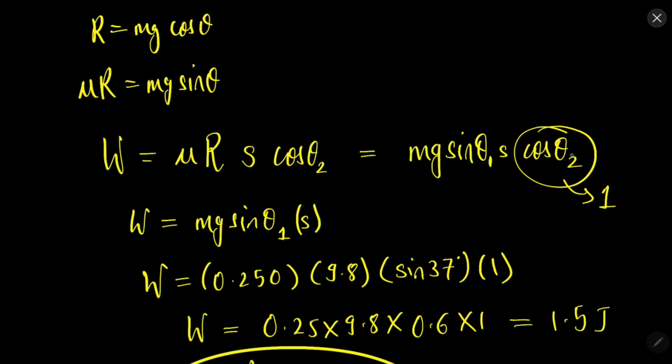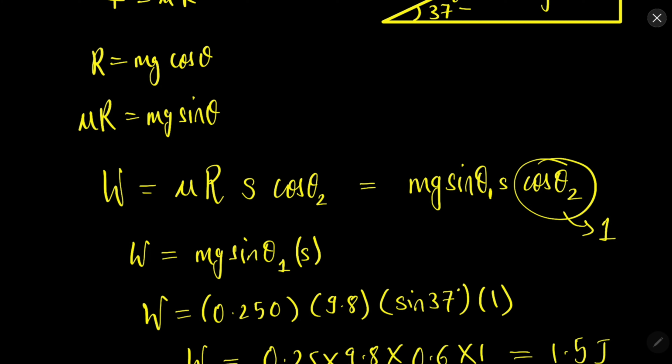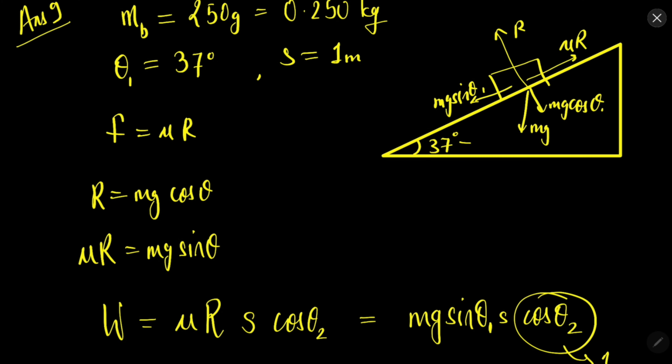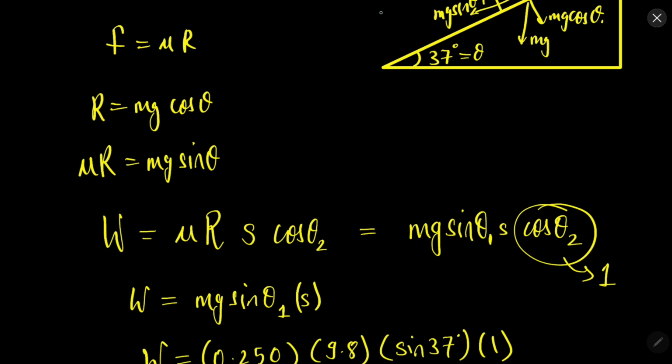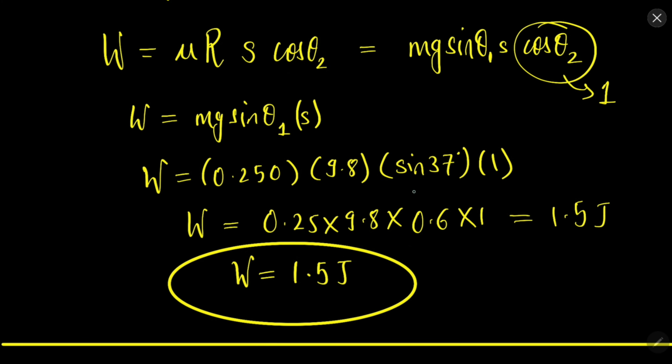So cos 0 degree is 1, and in place of mu R we can write mg sin theta. So mg sin theta 1 into displacement. So we have put all the values. Theta 1 was 37 degree, so sin 37 degree is 0.6, so this is the work done.